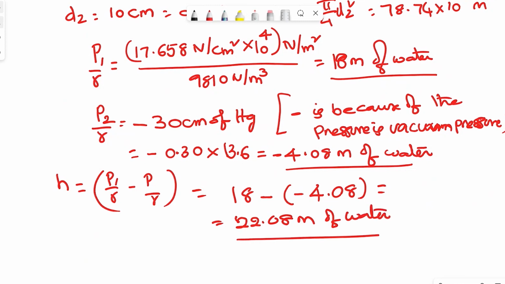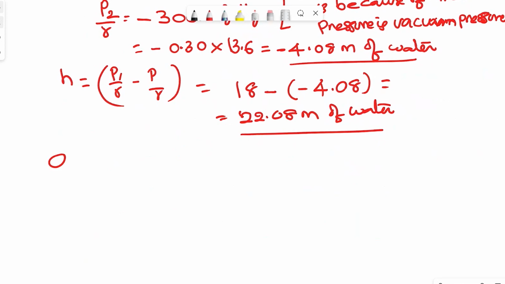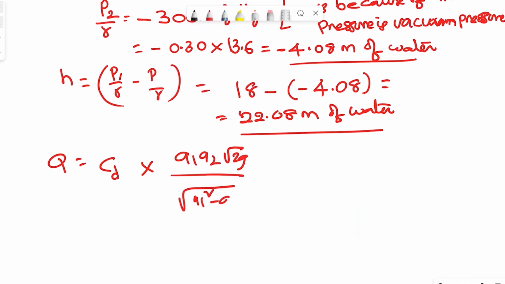Now what you need to do is directly use the equation Q is equal to CD into A1 A2 root 2G by square root of A1 square minus A2 square into root H, right? CD is 0.98.